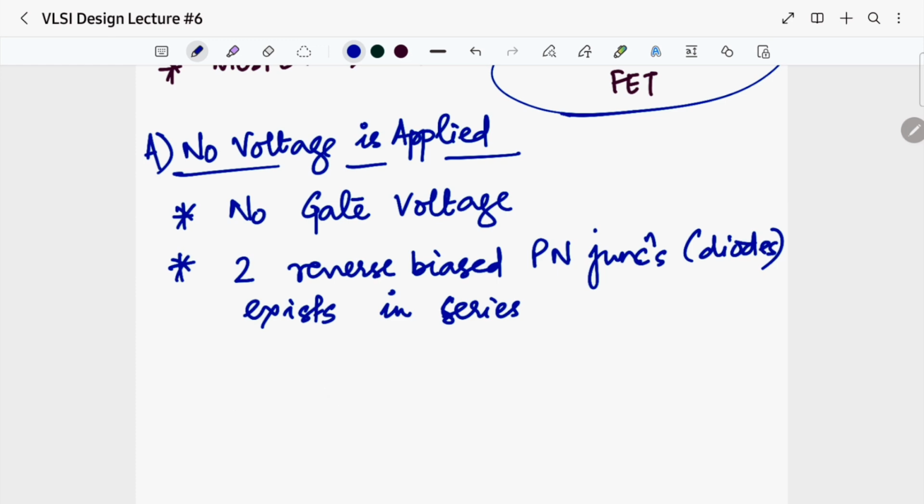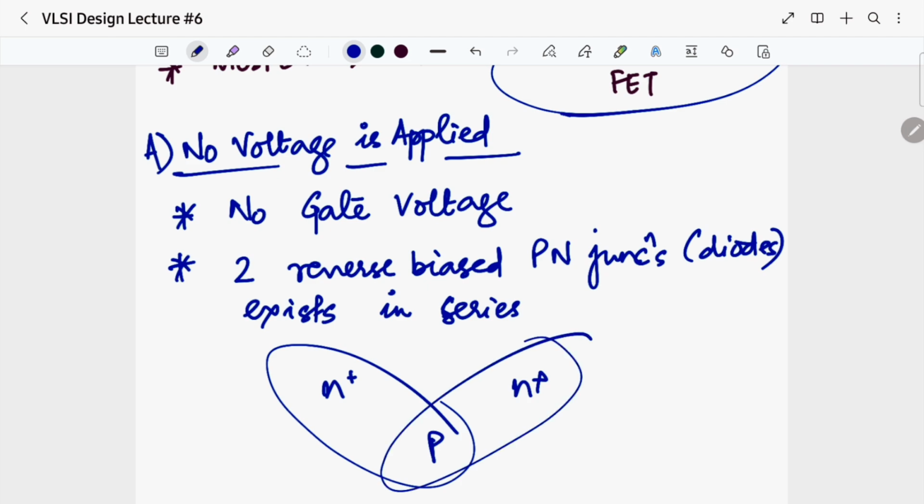So this n plus and p. This is our one junction, this is our second junction, and since we are not providing any kind of voltage, what will happen? It will be in a reverse bias condition, and that too in series. So it will look something like this.